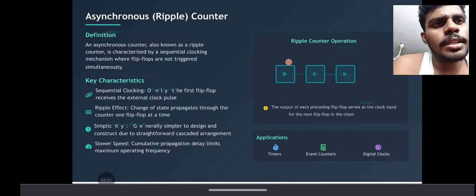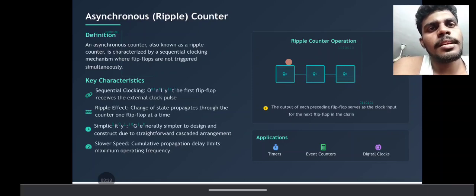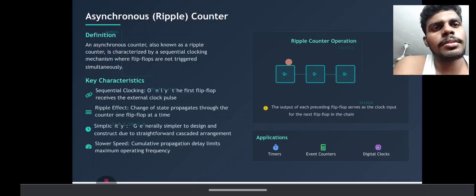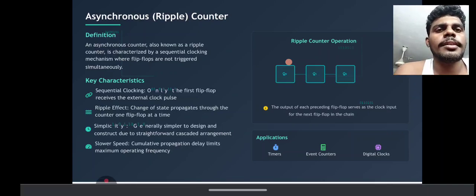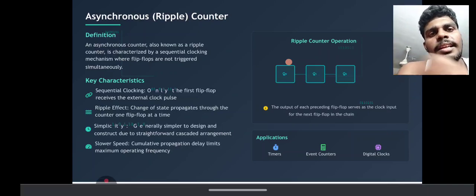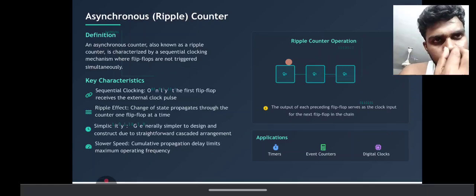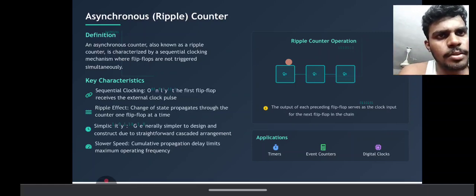Asynchronous ripple counter definition. An asynchronous counter has a sequential clocking mechanism where flip-flops are not triggered simultaneously. Key characteristics: sequential clocking, where only the first flip-flop receives the external clock pulse.